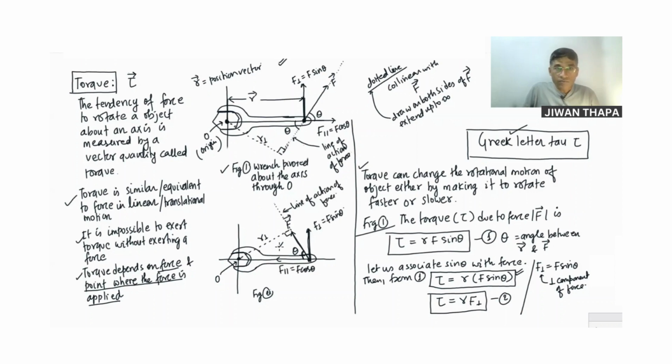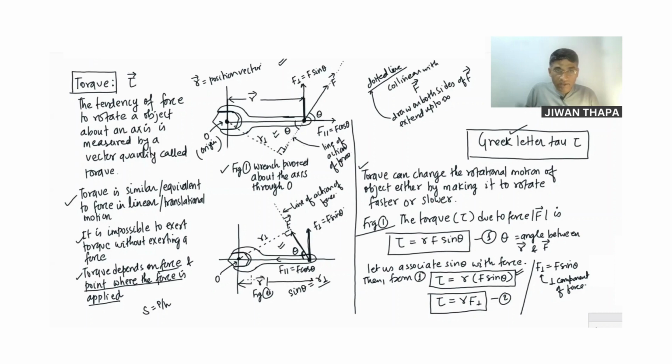Now in this triangle, we can find sine theta, and sine theta equals perpendicular by hypotenuse. So perpendicular is R perpendicular, and the hypotenuse is this distance, which is the position vector.